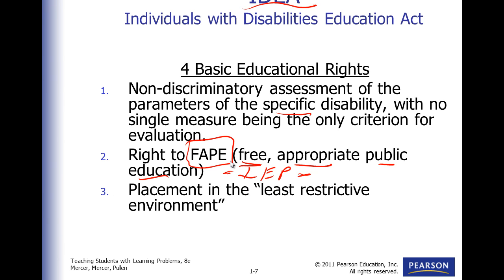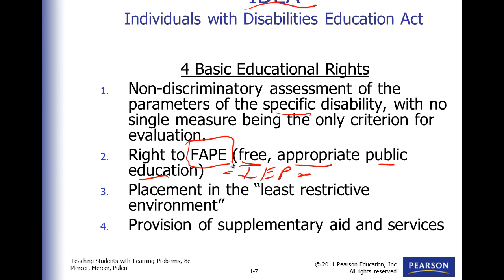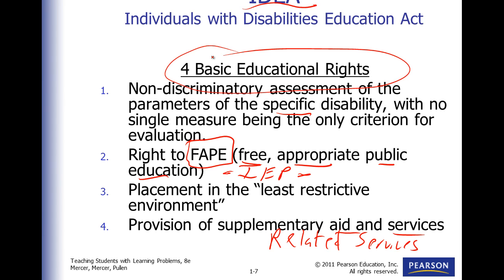And they're always placed in that least restrictive environment where they can be with kids without disabilities the most, and whatever supplementary aids and services they need. And what's another term for this? Anyone? Anyone? It's called related services. Okay, related services. So, the 4 basic things of IDEA.